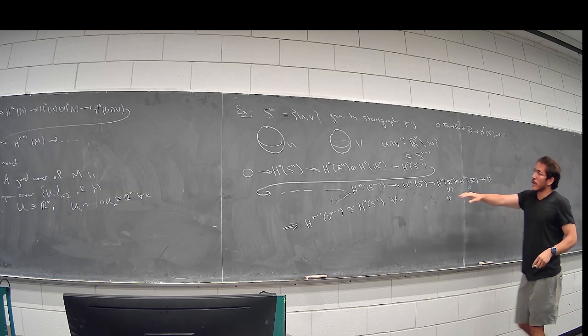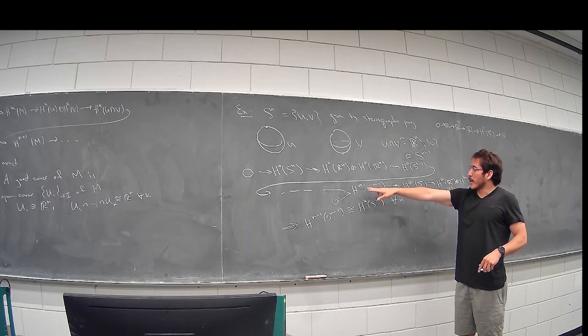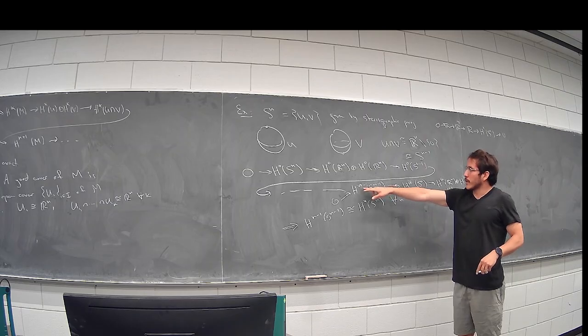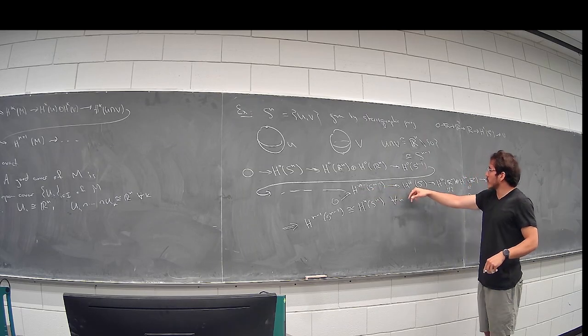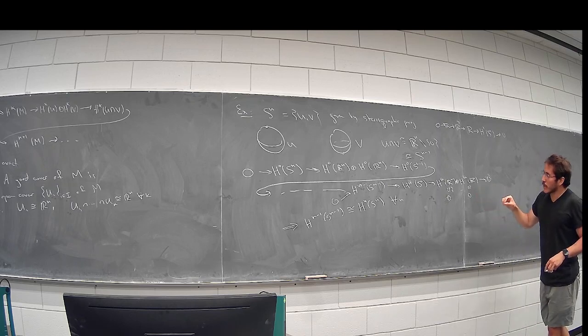If I look at degree 2, for n equals 2, for example, let's do 3. So I have H2 of Sn minus 1, H2, and then a bunch of zeros. Should be able to get a 0 here somewhere.